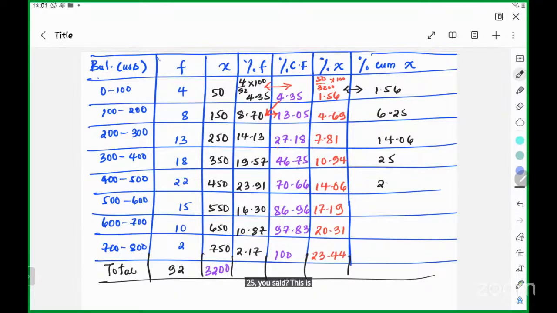This is 29 or 39? 39.06. Then 50. 56.25. Keep going.